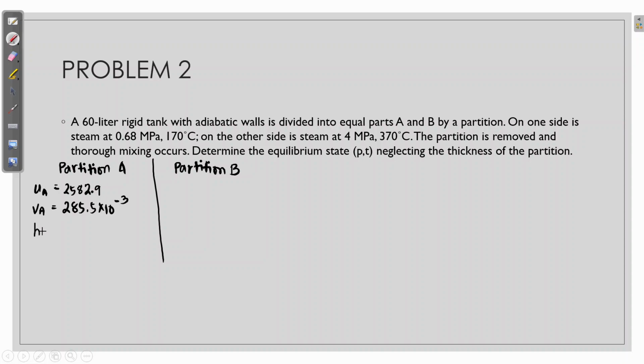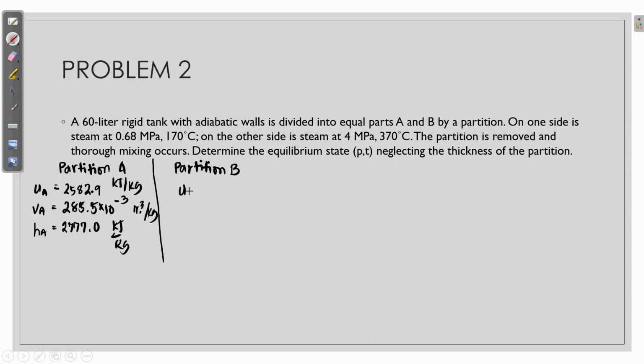At saka yung enthalpy niya ay 2777.0. Ito ay kilojoule per kilogram. 285.5. Okay. Meter cube per kilogram. Tapos ito ay kilojoule per kilogram.